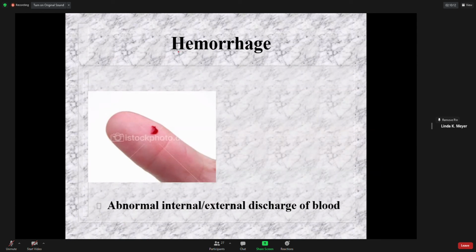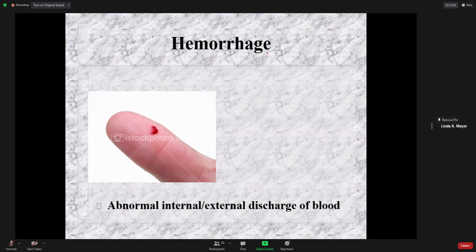Everybody has had a cut before in which they may bleed a little bit, and any kind of internal or external discharge of blood is defined as a hemorrhage. And again, the consequence depends on the amount of blood loss.